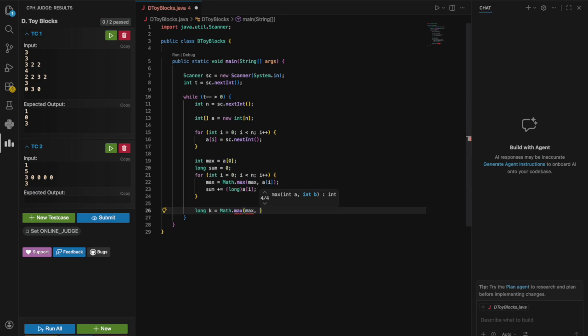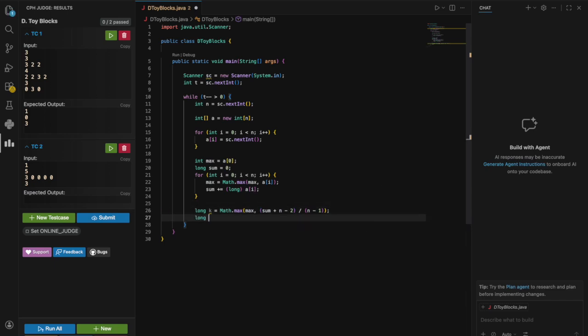So sum divided by n minus 1. This will be a regular division. To do a ceil division, we need to add the divisor minus 1 to the dividend, which will basically be n minus 2.